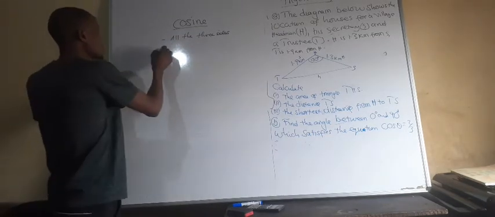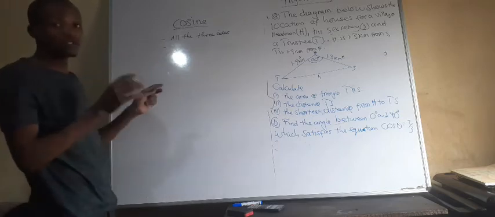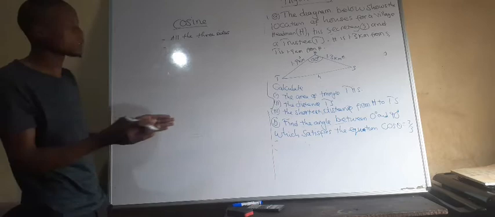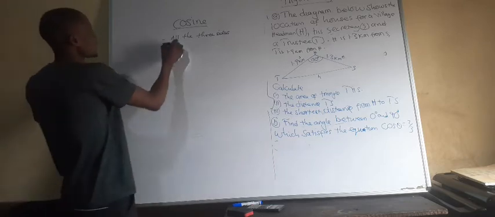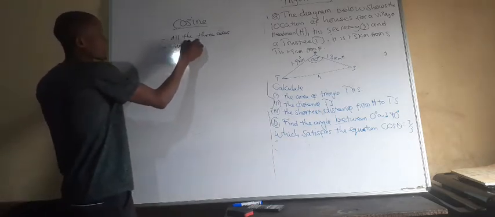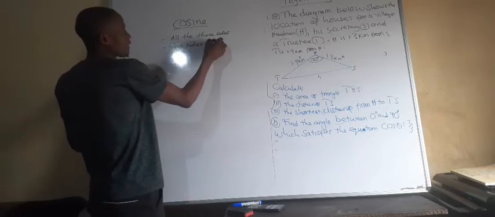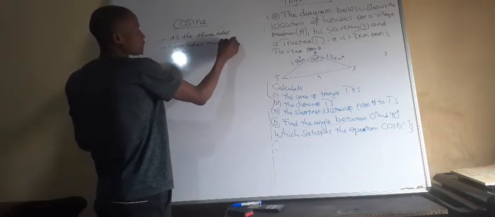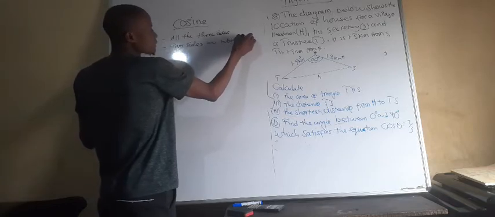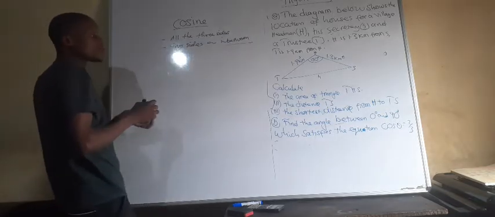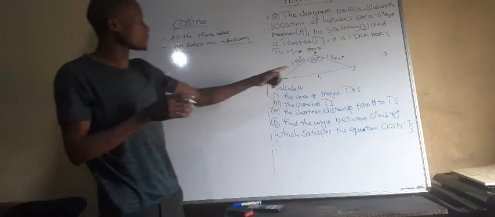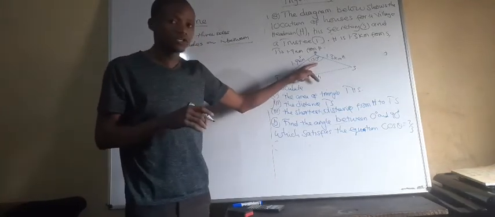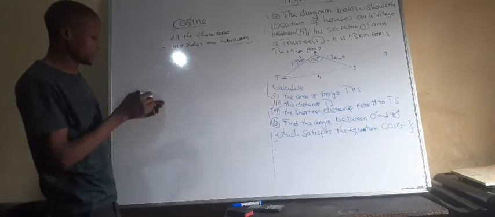Now apart from that, when I've been given 2 sides and an angle in between those sides, we use the cosine law. So in this case, I've been given 2 sides and the angle in between. So we are using the cosine law.